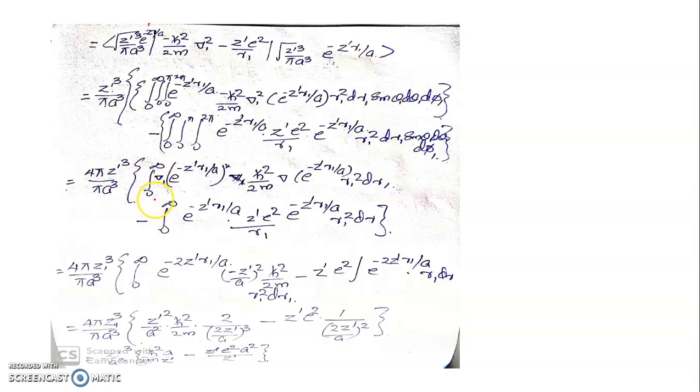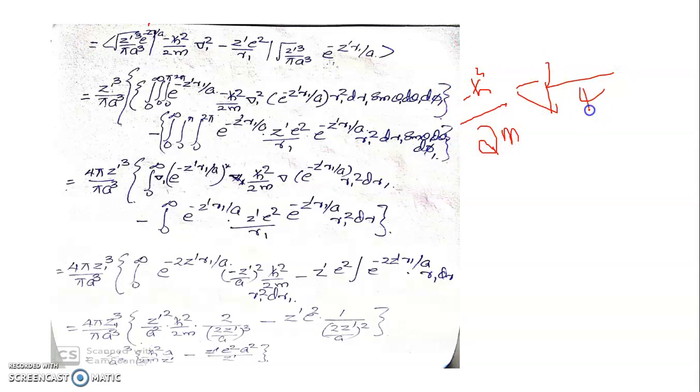Integral 0 to infinity, minus h bar square by 2m, which I have put aside here. Here we will be using the result that I told you while we talked about the hydrogen atom. Minus h bar square by 2m, del square psi is to be evaluated.